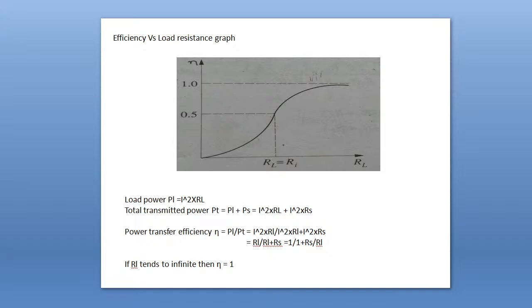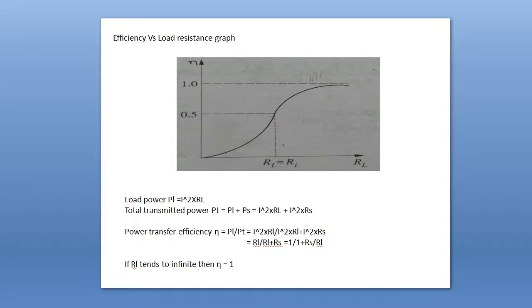Eta increases with load resistance, but load power attains a maximum value for a particular condition when RL equals RS, and otherwise its value is lesser than that maximum value. But power transfer efficiency increases with load resistance.